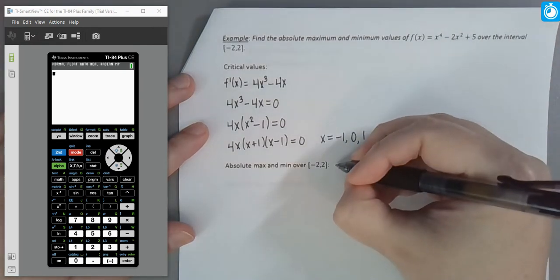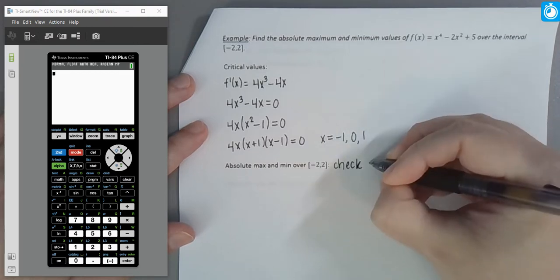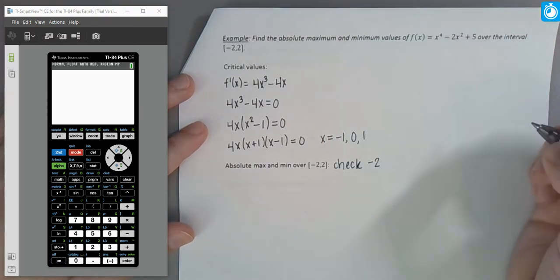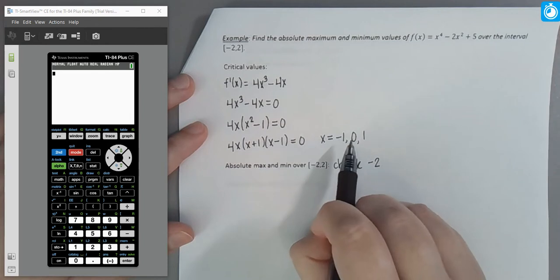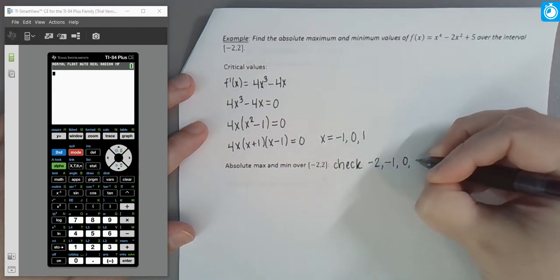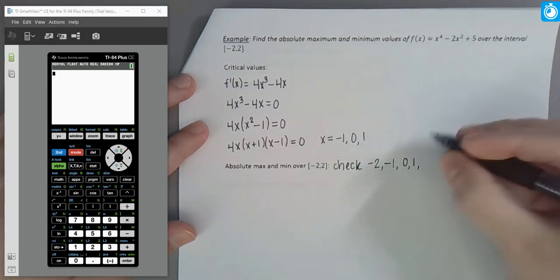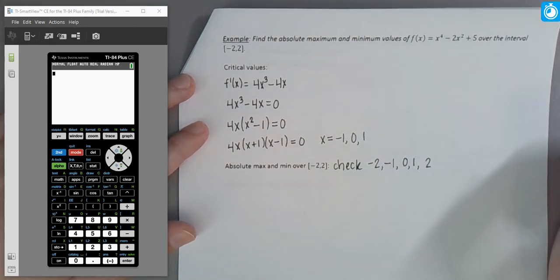So essentially we're going to check this list of values. We're going to check -2, our left-hand endpoint. We're going to check all 3 of our critical values, so -1, 0, and then 1. And then we're also going to check our right-hand endpoint at +2.